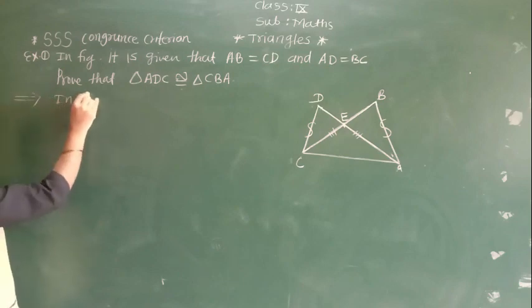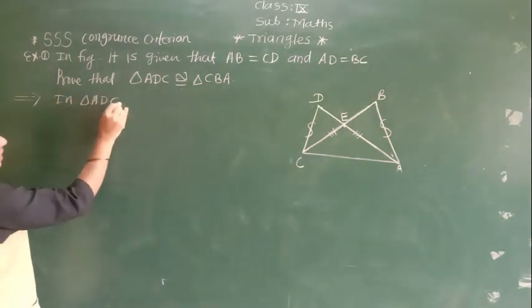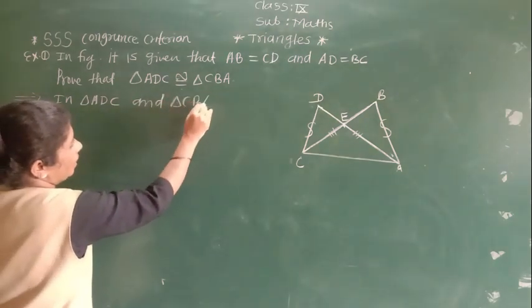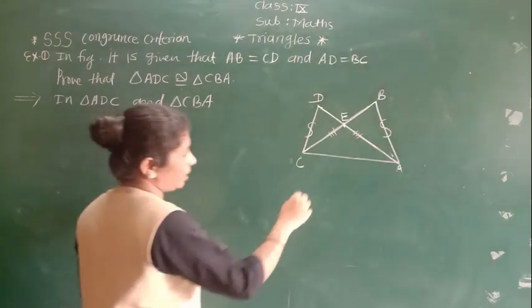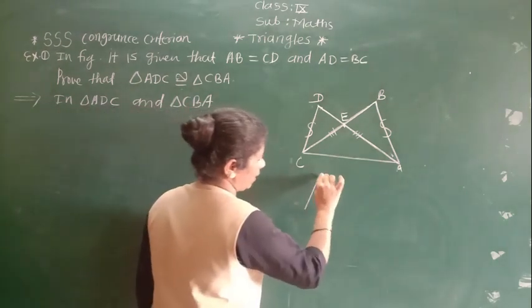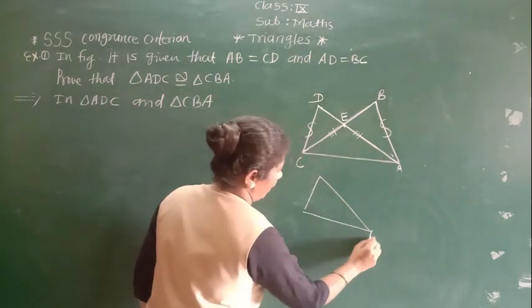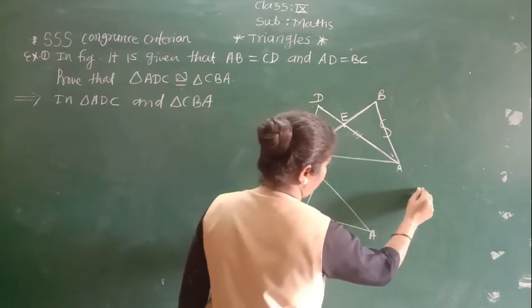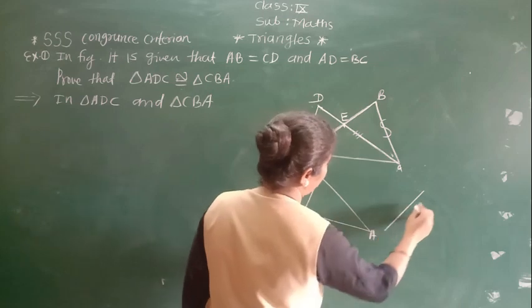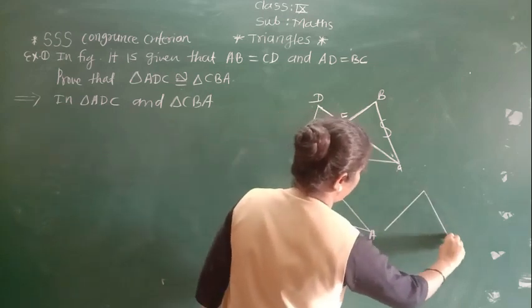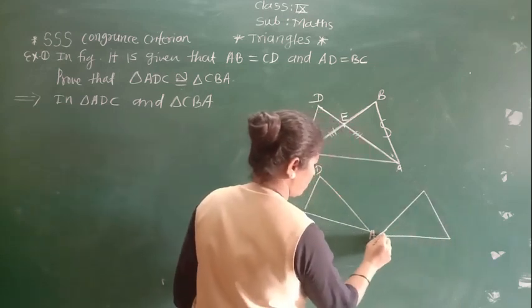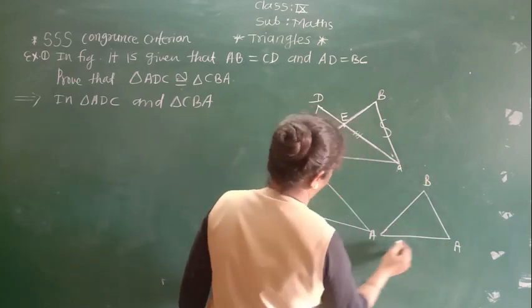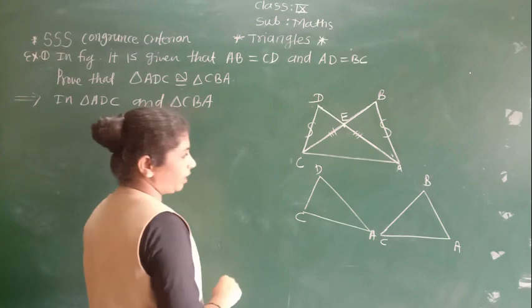In triangle ADC and triangle CBA, see here, in this triangle CBA, what is given for us?